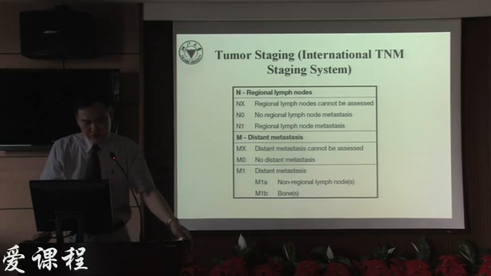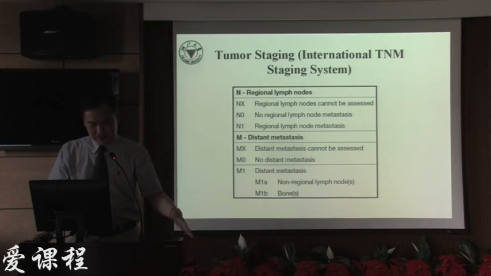And N means regional lymph nodes, and X means regional lymph nodes cannot be assessed, and N0 means no regional lymph node metastasis, and N1 means regional lymph node metastasis. M means distant metastasis. MX means no evidence of distant metastasis.